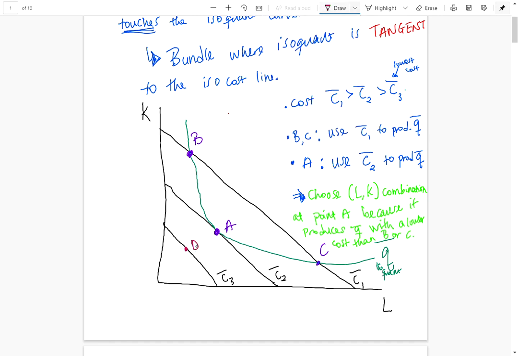Now, imagine if we had a point here. Let's call this D. D would be nice, but it is not achievable for producing Q bar.